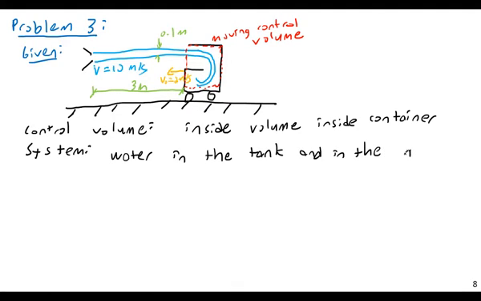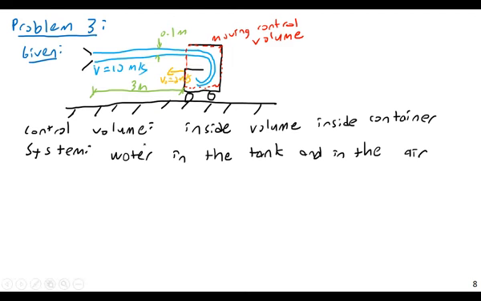So we're defining our system as all of the water that's in this stream and all of the water that's been collected in the tank. So this one's a little bit screwy. Because of that, our control volume does not directly correspond with our system, as weird as that sounds.